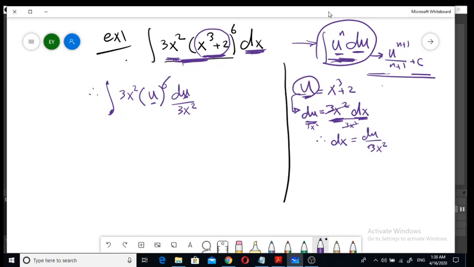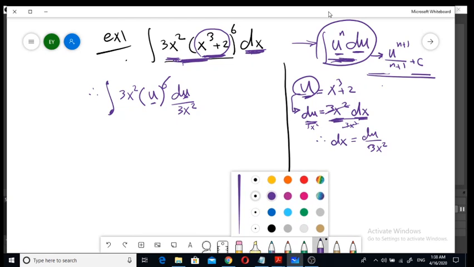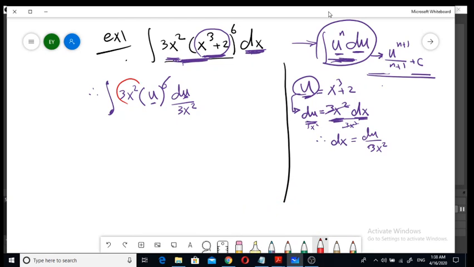Then we have 3x squared over 3x squared, so easily we can simplify them. Now the new form will be the integral of u power 6 du. So easily we can apply the power rule.